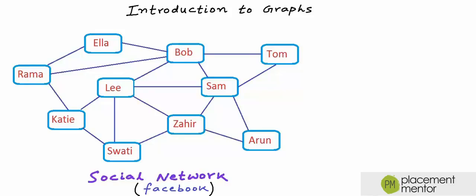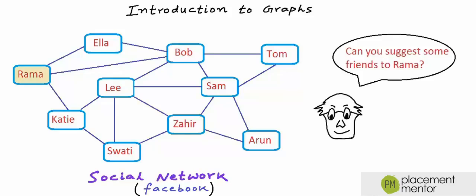Now, once a system is modeled as a graph, a lot of problems can easily be solved by applying standard algorithms in graph theory. Like here in this social network, let's say we want to do something like suggest friends to a user. Let's say we want to suggest some connections to Rama. One possible approach to do so can be suggesting friends of friends who are not connected already.